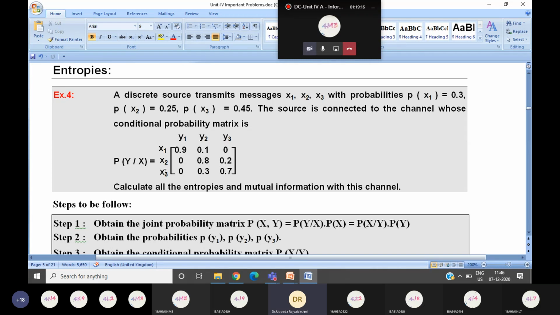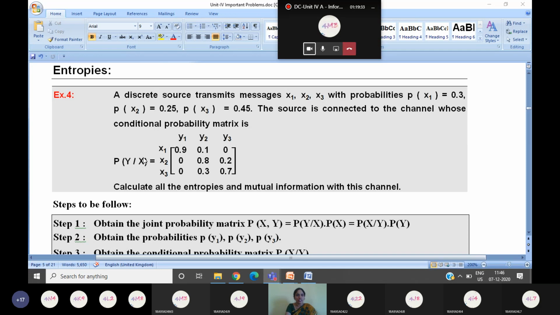Similarly, for x3, that is 0, 0.3, 0.7, the third row elements also sum to 1. So that is the condition to cross verify that it's a conditional probability matrix.